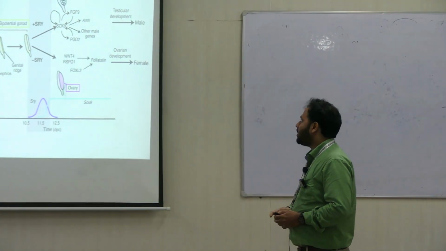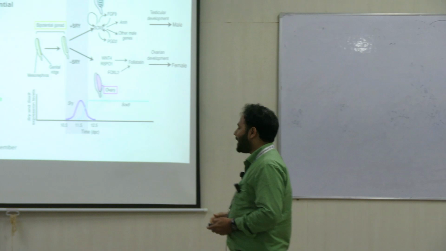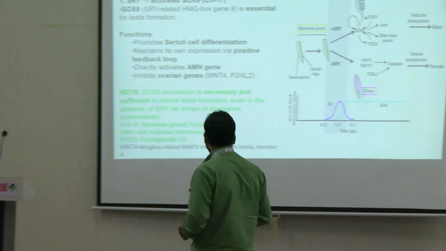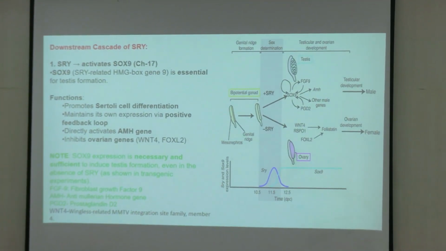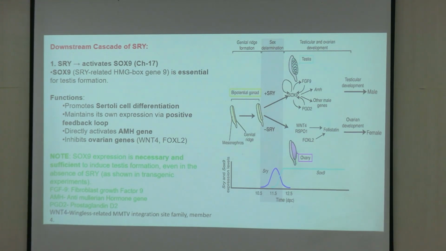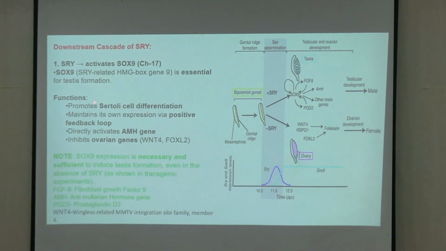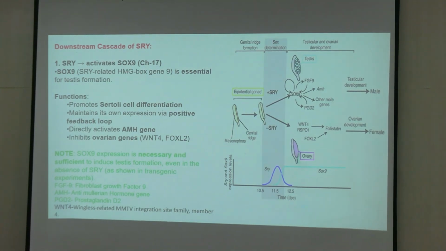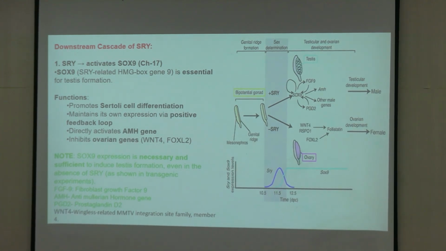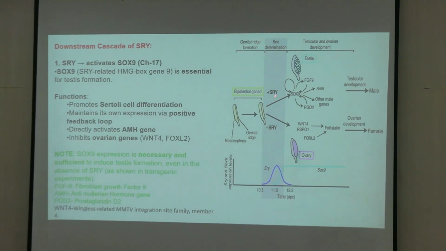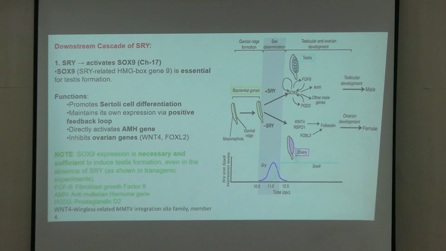Now see here, what is the downstream cascade of the SRY gene? The SRY gene activates some other genes, mainly SOX9, the SRY-related HMG box gene 9. The activation of SOX9 fully depends on the expression of the SRY gene, the expression of TDF, right? So in the presence of SRY, there is activation of SOX9.